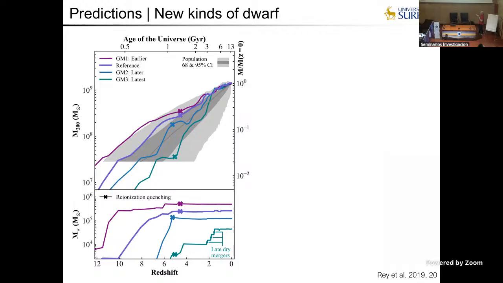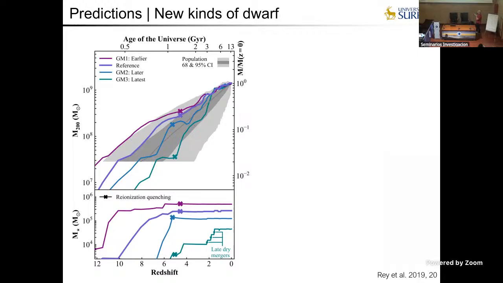In the background here, you see the 68, 95% confidence intervals of the assembly history of all dwarfs in the parent EDGE void volume. So that's just showing you that none of these engineered dwarfs are 2 sigma unreasonable, right? So this one is forming just about 2 sigma early. This one is forming just about 2 sigma late. And these two are kind of 68% typical, right?